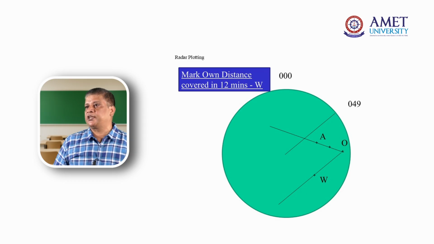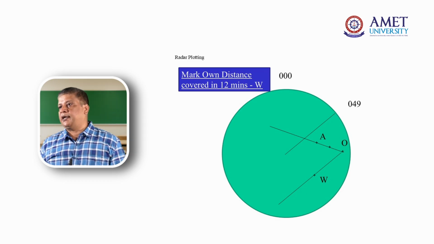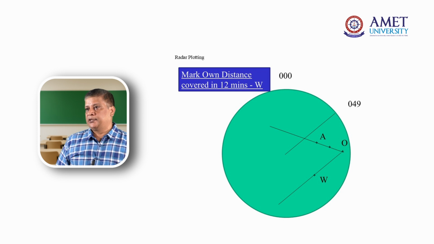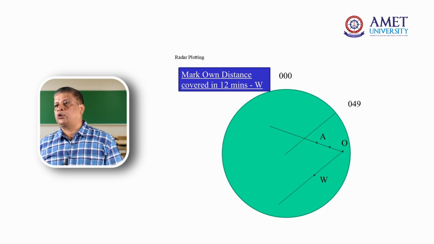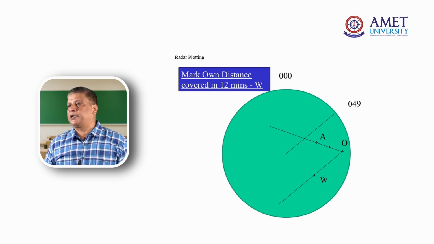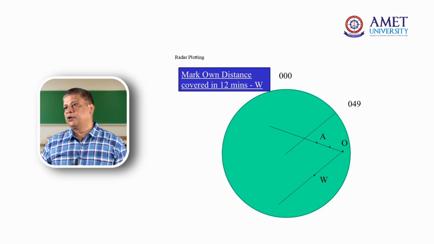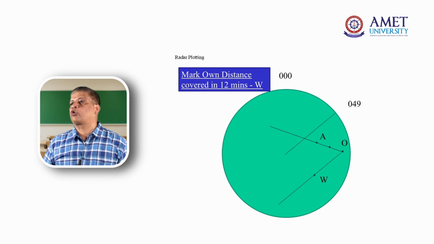Having drawn this line which is parallel to 049 in the reverse direction, we know our ship speed is 12 knots and we have the plotting interval of 12 minutes. So our speed in 60 minutes is 12 knots, and in 12 minutes it is 2.4 miles. That plotting interval is plotted as the point W on the line which we drew reciprocal to 049.